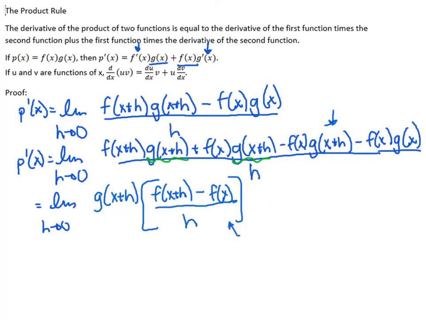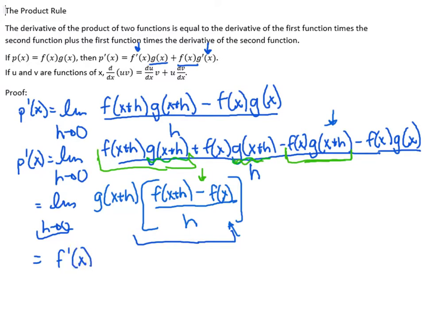We use the minus because my goal was to get the subtraction here. So this looks like the derivative of f at x, because now we know that the limit as h approaches 0 of this is just f prime at x. From the two remaining terms, what can we factor out?